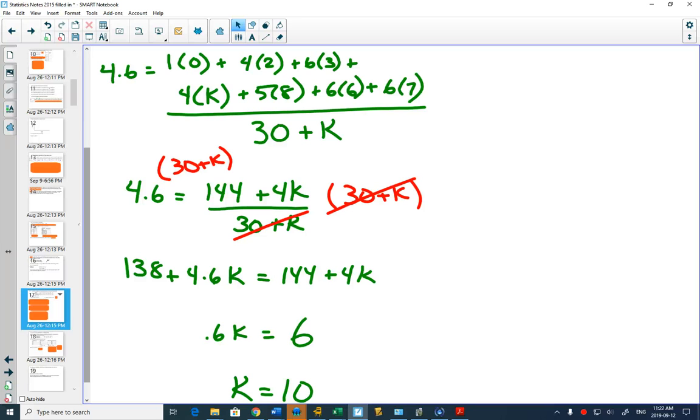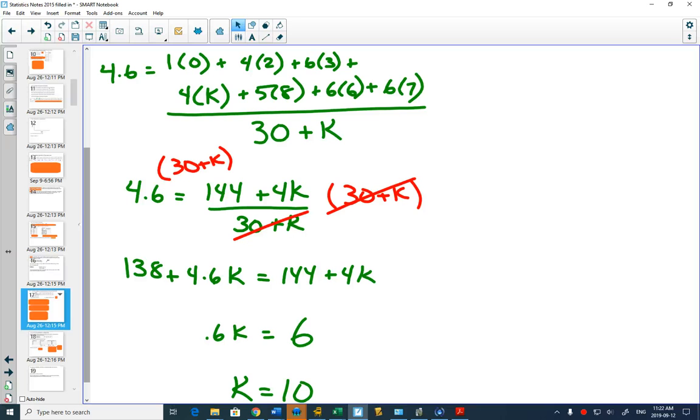If in solving for k you got a decimal, something should have made you go, this seems wrong, because it's supposed to be a frequency. You can't have 3 1/4 people get a mark of 6. It should be a whole number. So understanding the context of the question tells us that the k value should be a whole number.